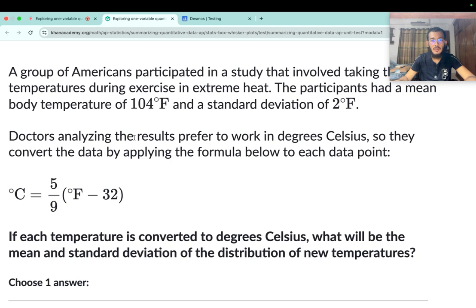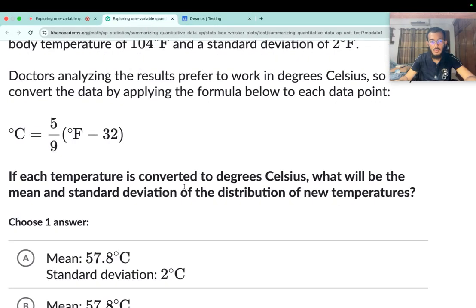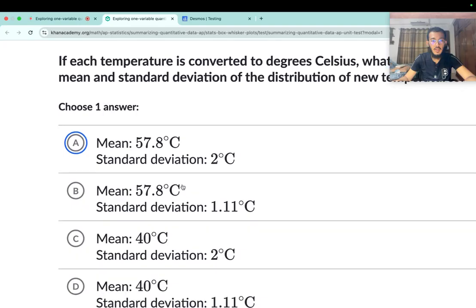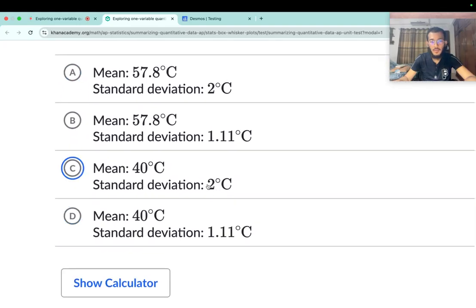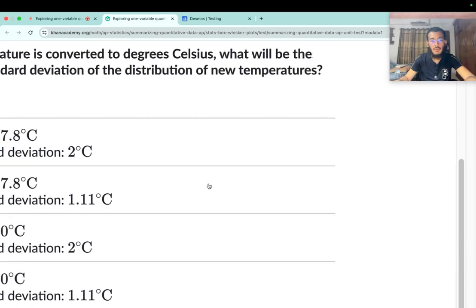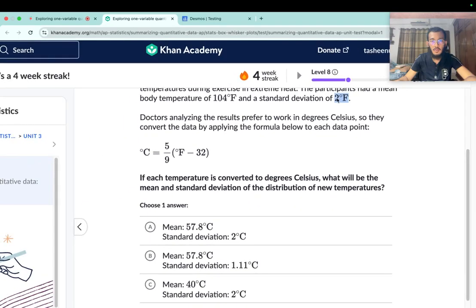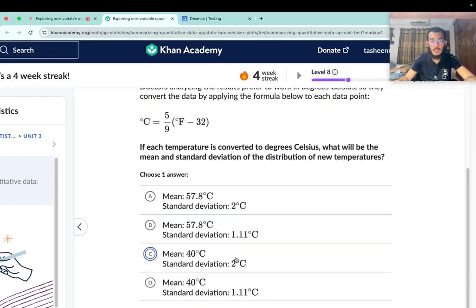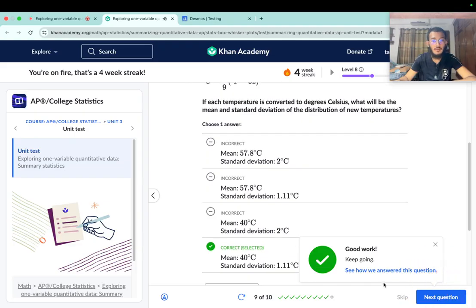The difference between Celsius and Fahrenheit involves a factor of 5 ninths. So the standard deviation would not be 2 for sure, because you don't get the same thing when you convert from Fahrenheit to Celsius. So the answer should be D. Yeah, the answer is D.